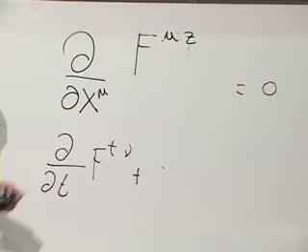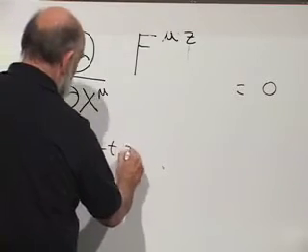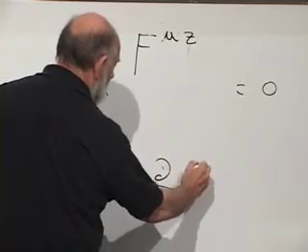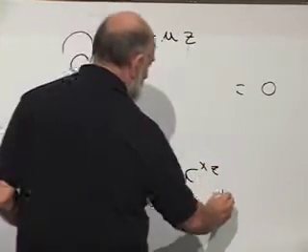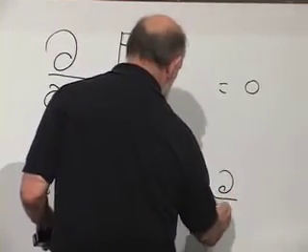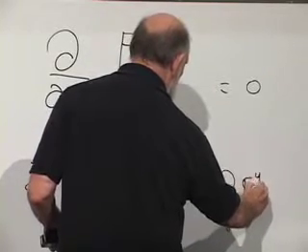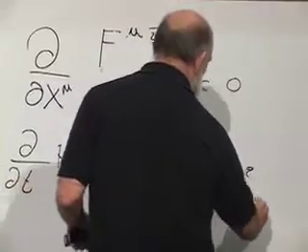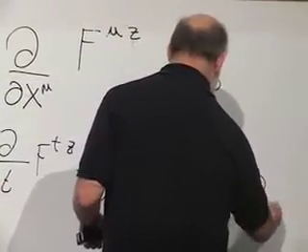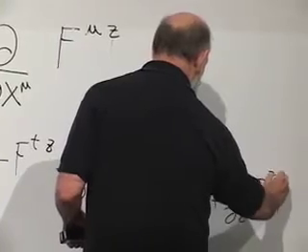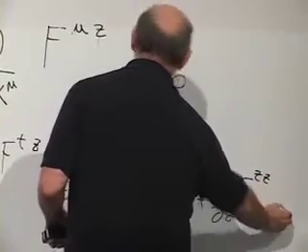D by dt of F t z plus d by dx of F x z plus d by dy of F y z plus d by dz of F z z equals 0.